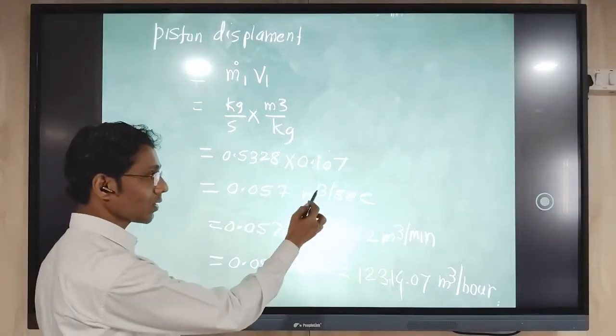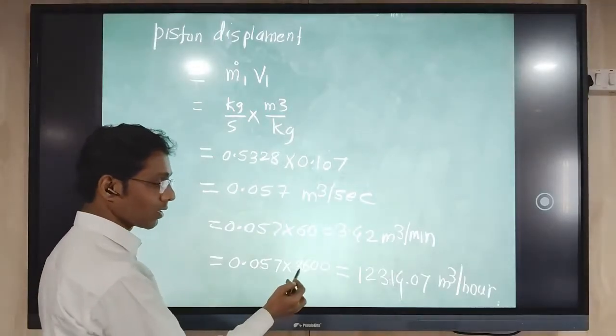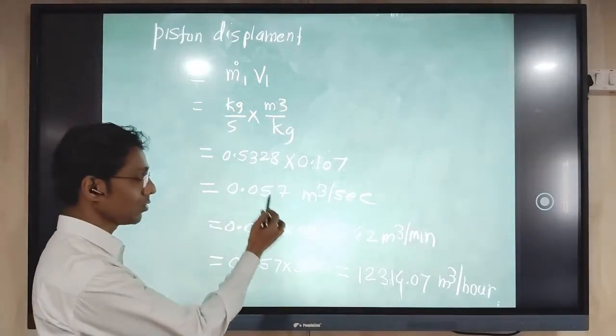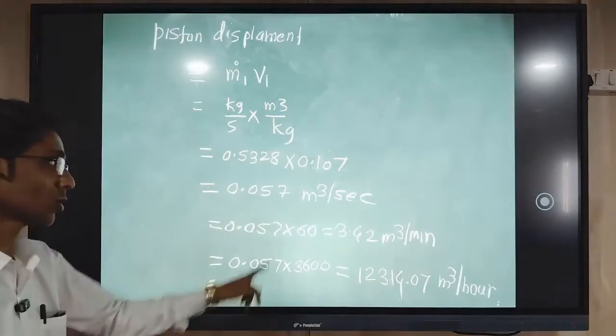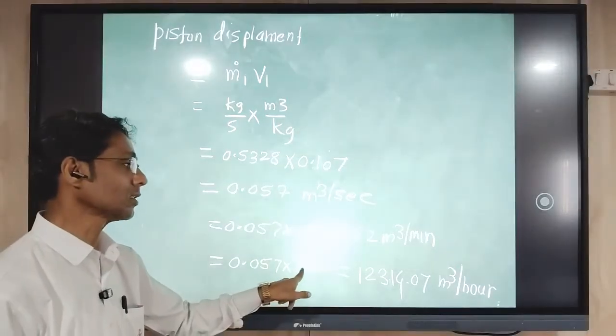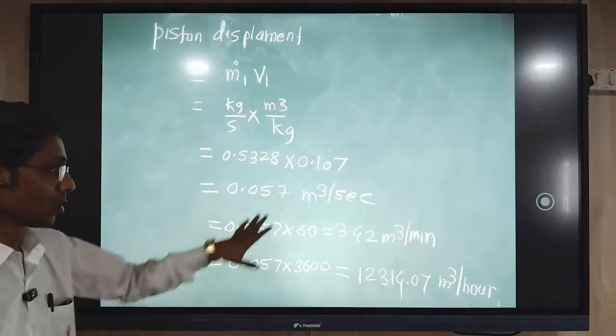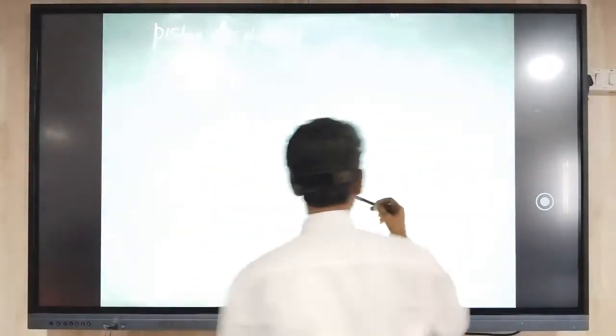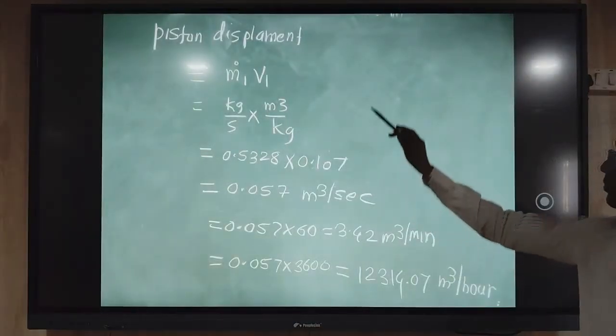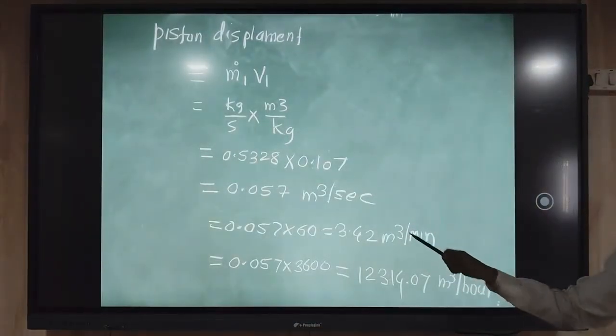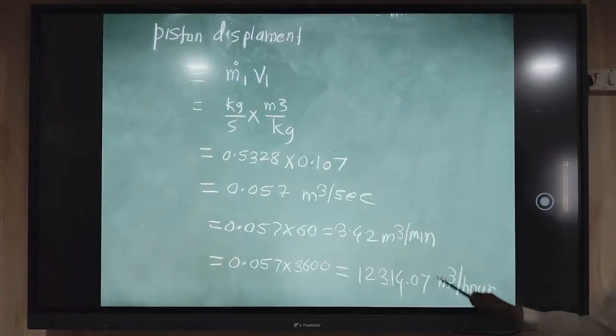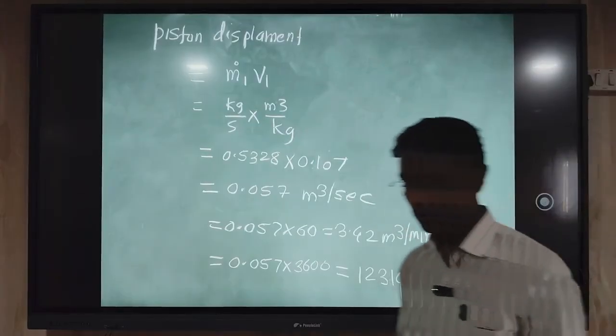And to convert this value from second to hour, you have to multiply this value with 3600 because 1 hour is equal to what? 3600 seconds. So as per the requirement, you can mention the piston displacement value in meter cube per second, meter cube per minute, and meter cube per hour.